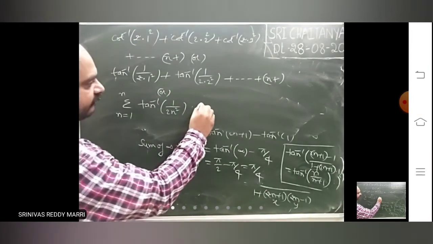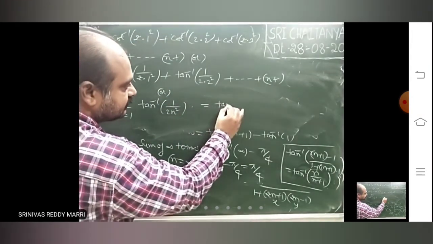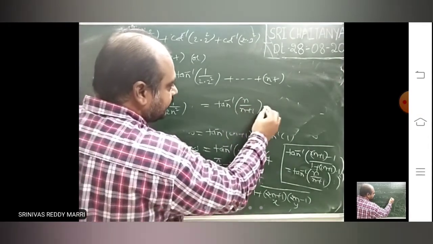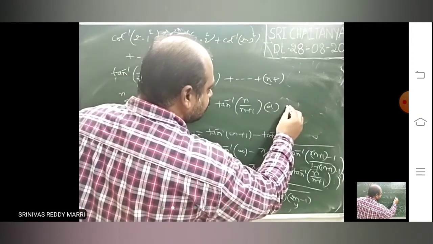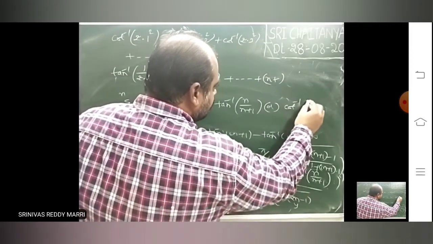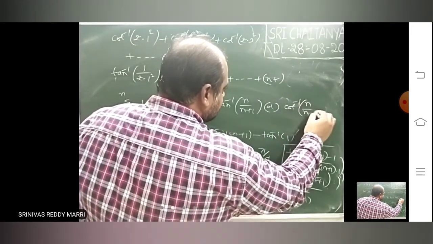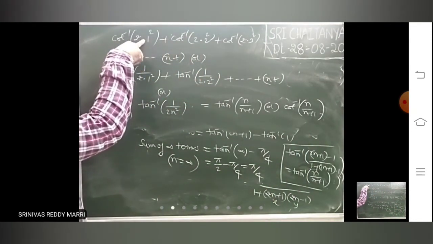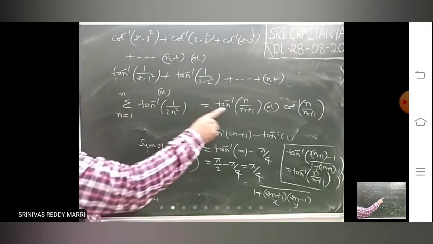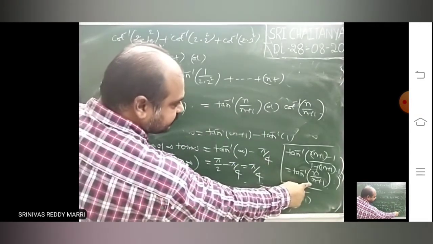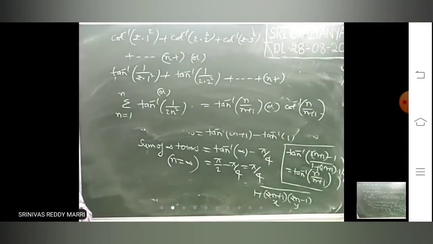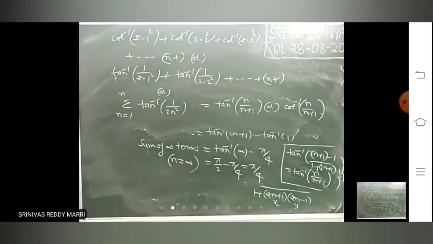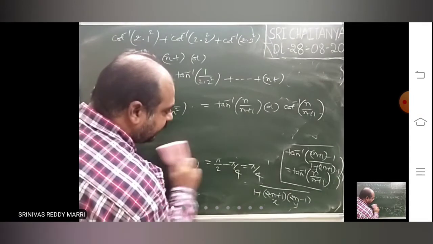All are the same. The formula for this is cot inverse of (n by n plus 1), the sum of n terms. This is the one: 2n divided by 2n plus 2, the 2 cancels, giving n divided by n plus 1, or cot inverse n divided by n plus 1.